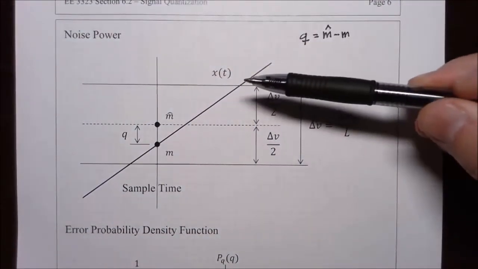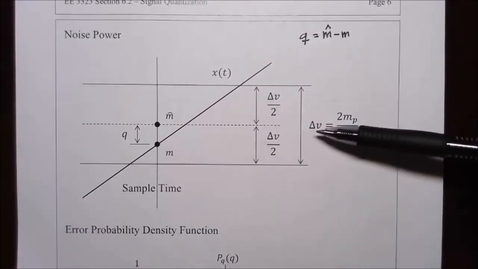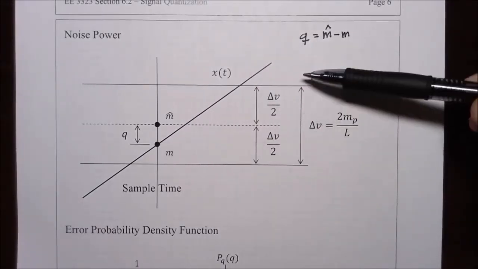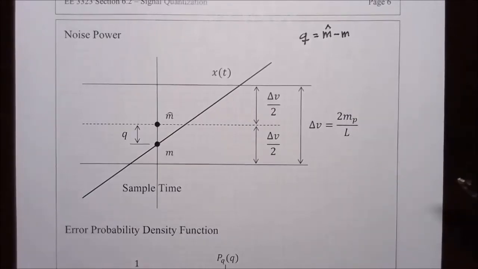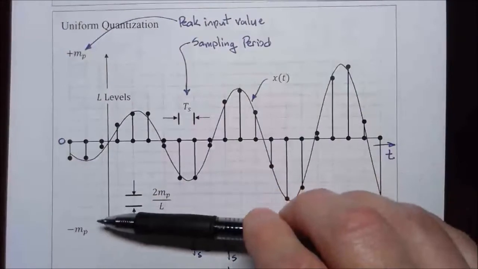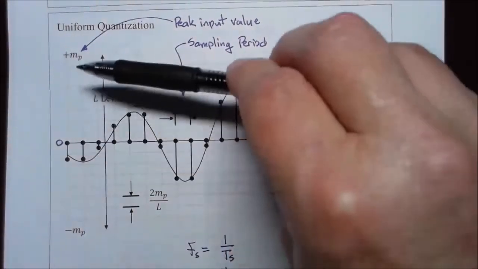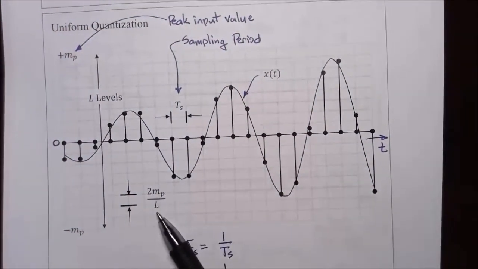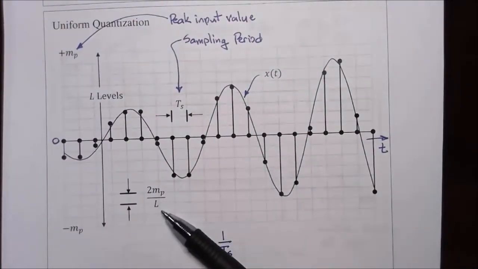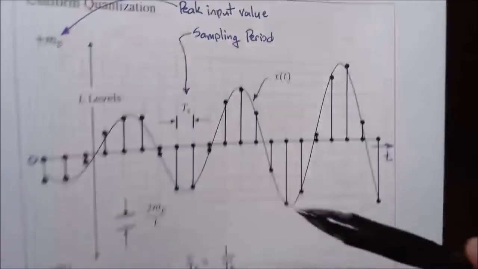Now the levels are such that there is a delta V between the two levels, which is equal to 2 times MP divided by L. When we set up the digitizer back ages ago, it seems, remember that we had a digitizer that had a total input range from minus MP to plus MP, so that's a total range of 2 MP, and you divide that by the number of levels L, and you get the spacing between the levels.